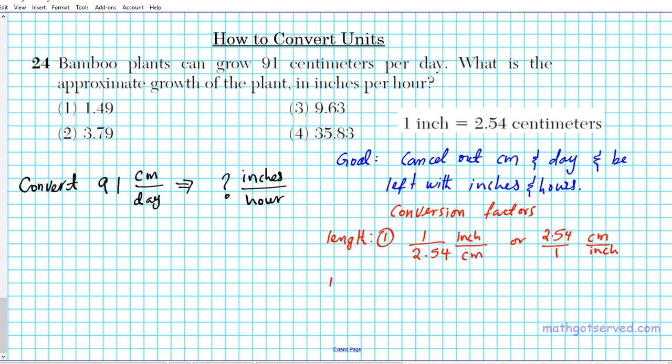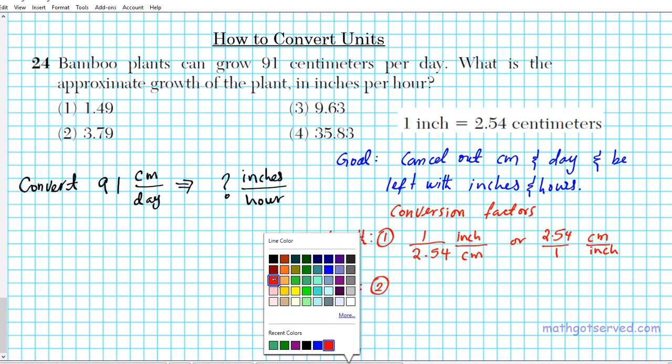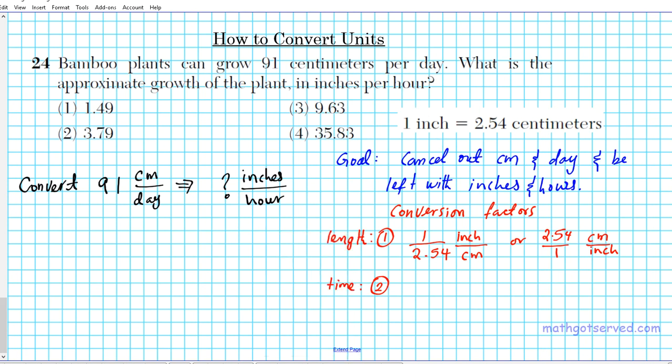How about our time conversion factor? What do we know about time? This is basic information. We know that in one day you have 24 hours. So how do we write this as conversion factors?